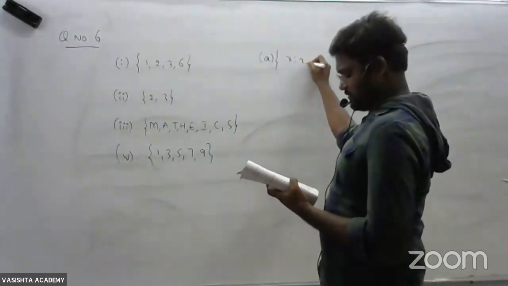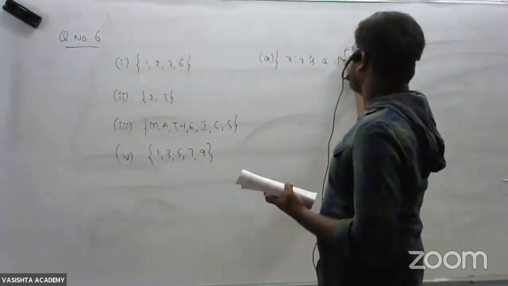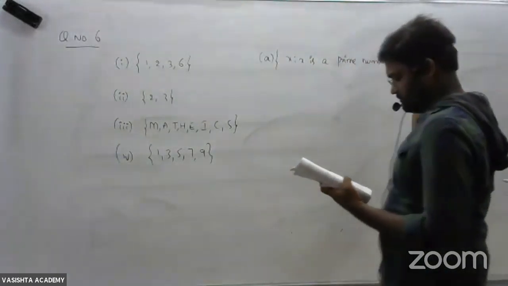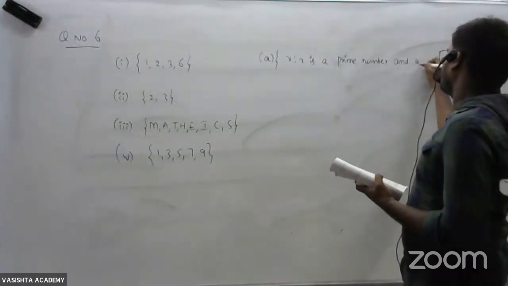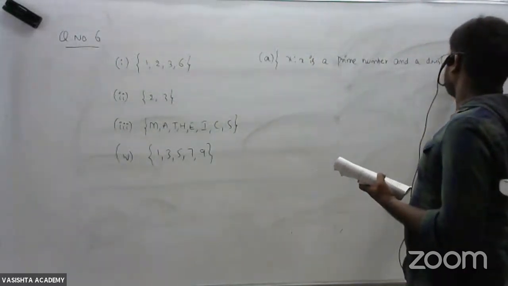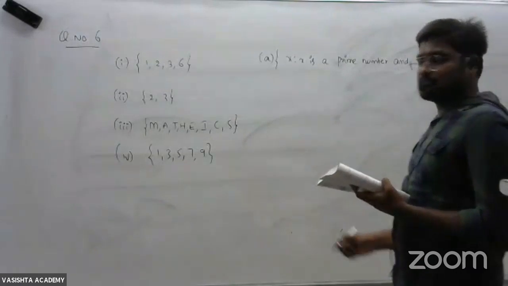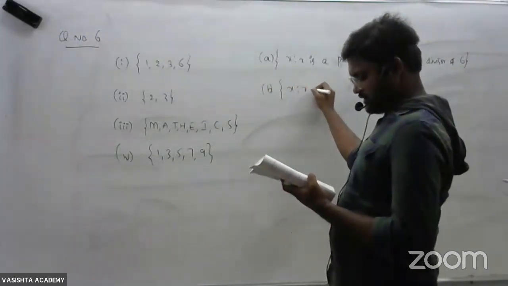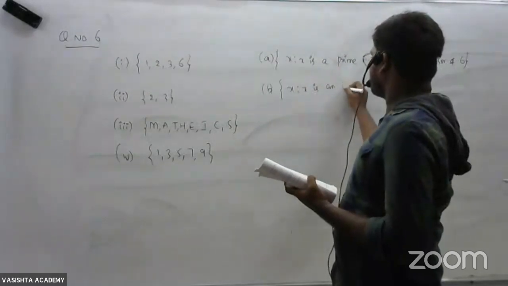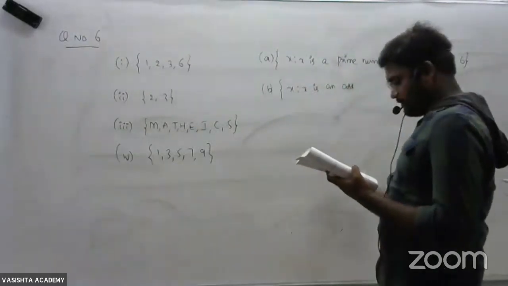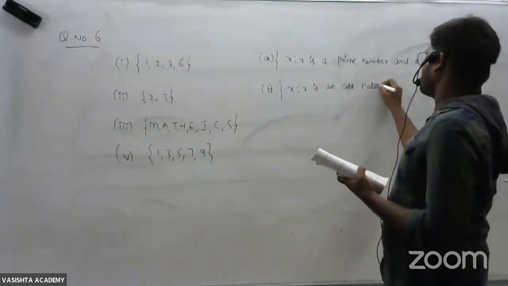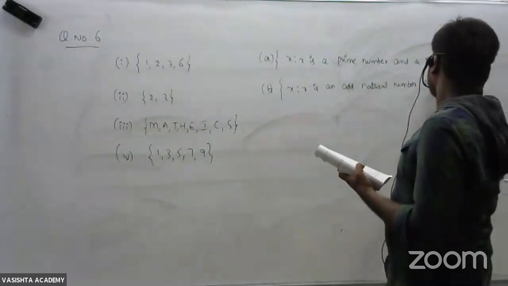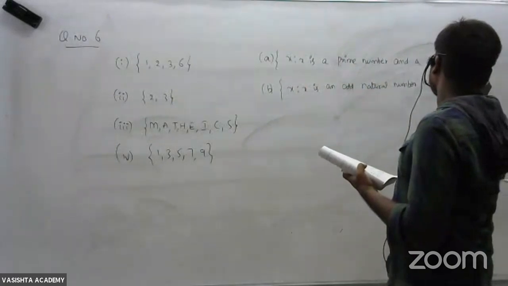A. X such that X is a prime number and a divisor of 6. B. X such that X is an odd natural number less than 10.